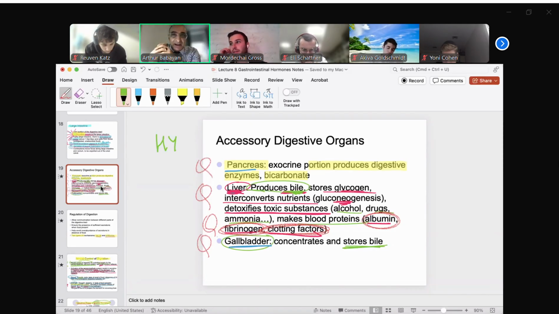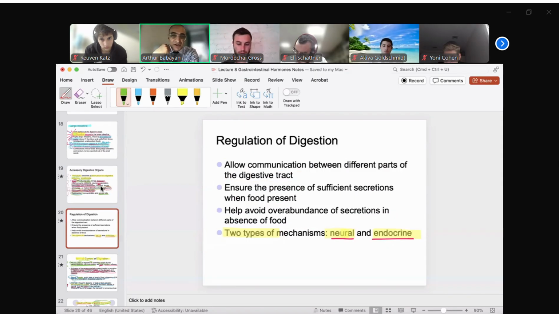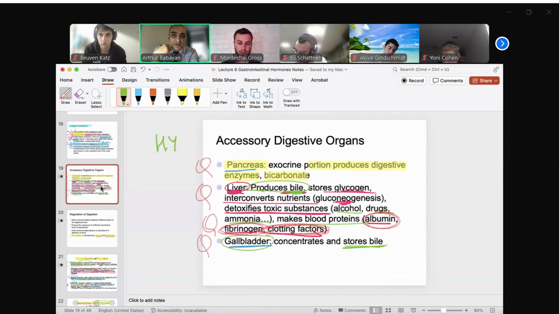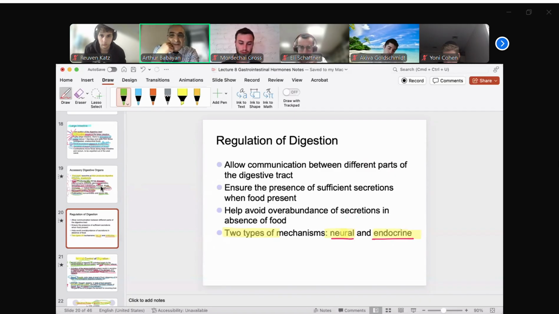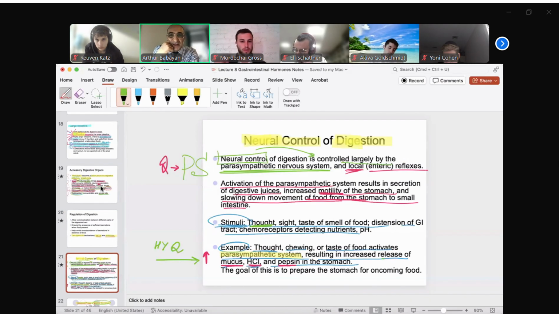All of this, whatever I'm saying now, is exam questions in your exam and the MCAT exam. Gallbladder: it is only storage for what? Storage for the bile. Two types of control mechanism, neural and endocrine. Neural control of digestion is largely by the parasympathetic nervous system and the local enteric reflexes.